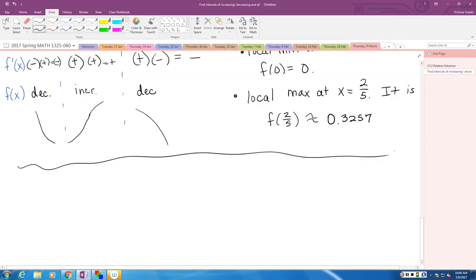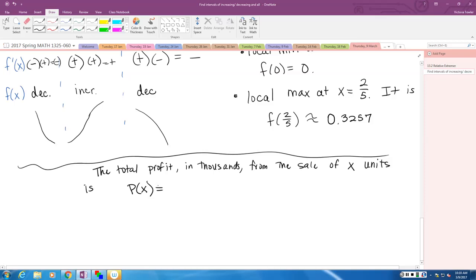Okay, so the next one is an application. We are given that the total profit in thousands from the sale of x units or items, whatever we want to call those, is given by P of x, which is equal to the natural log of negative x cubed plus 3x squared plus 72x plus 1.